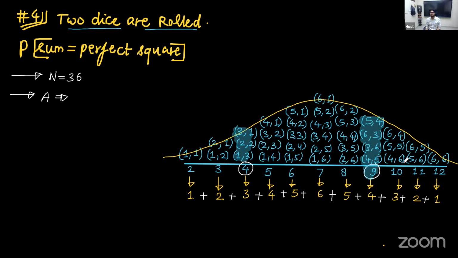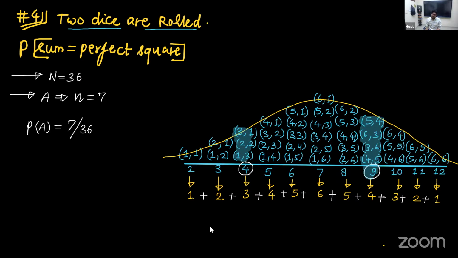The sum can become 9 in 4 possible ways. My dear friends, the total number of favorable ways in which the sum can be a perfect square is 7. So the probability of A is going to be 7 upon 36.